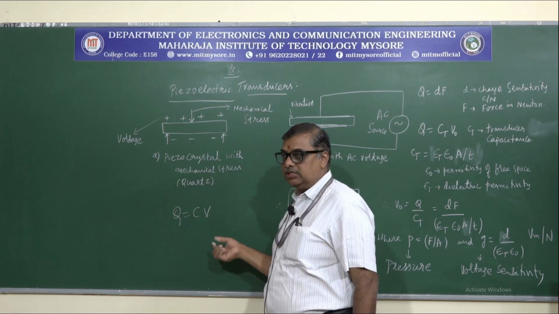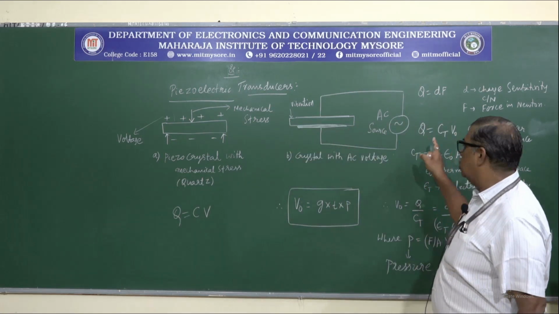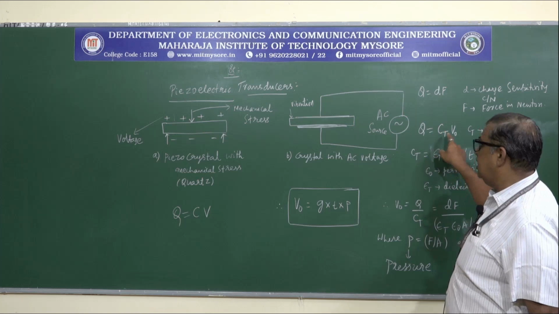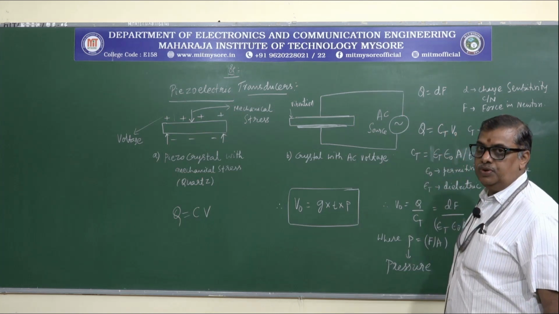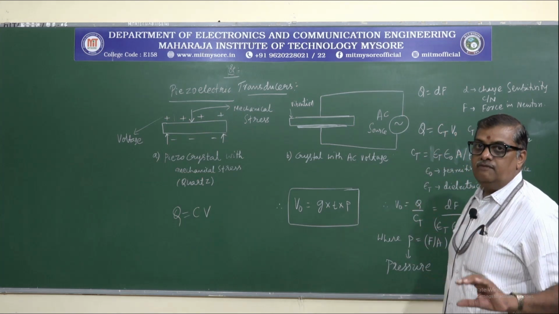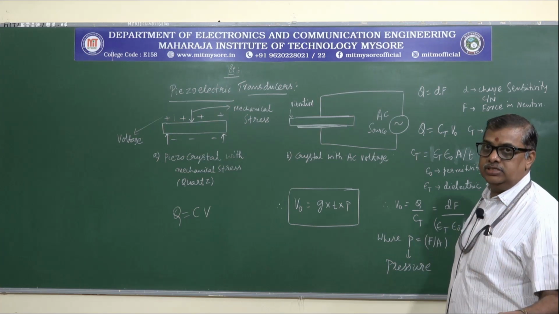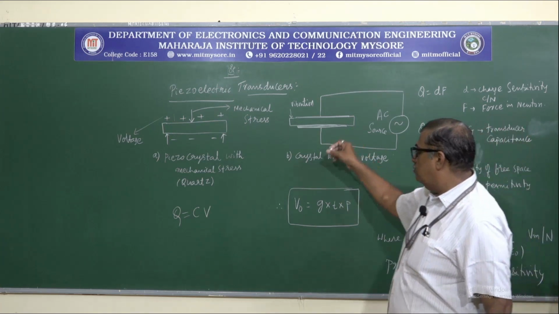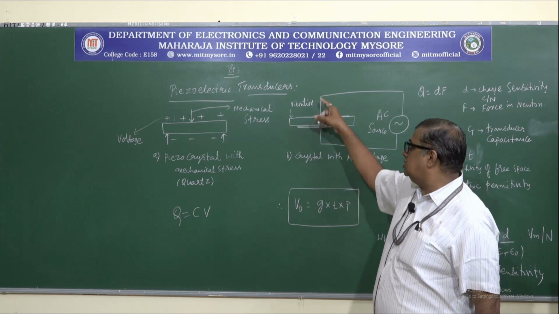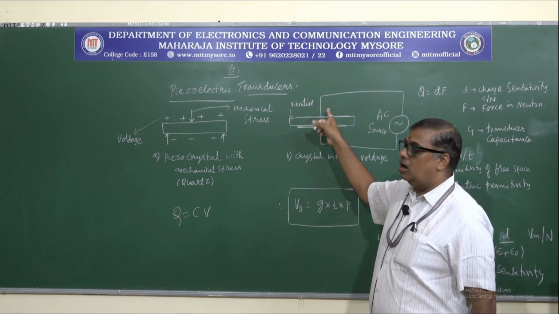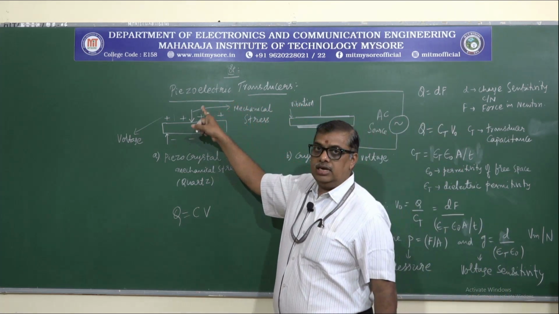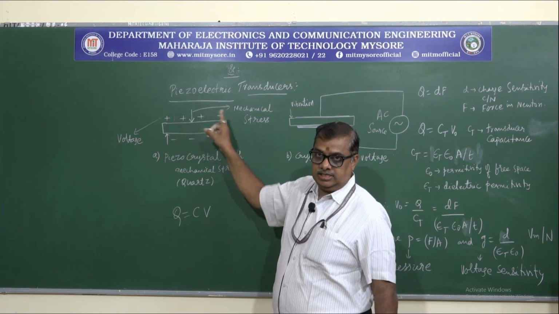That equation I am going to use here. So, Q = C_T × V_0. What is this V_0? V_0 is the final output voltage produced when the piezoelectric crystal is vibrated or mechanically stressed.